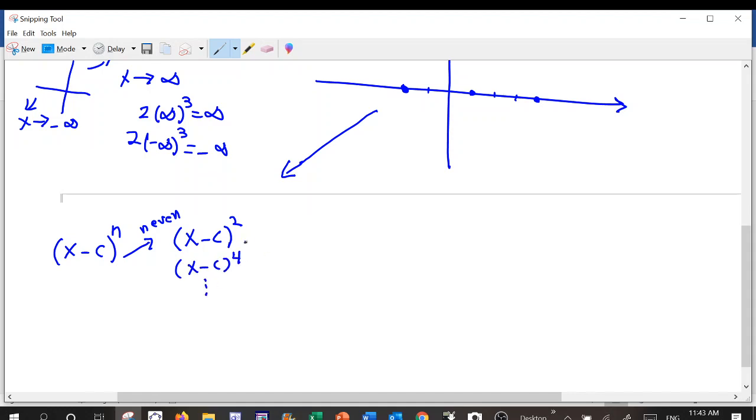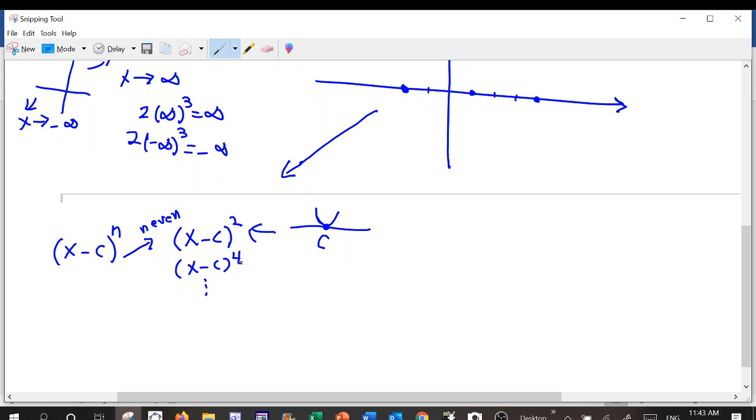If it's to the second power, then the graph at c, because the opposite of negative c is c, so c is the x-intercept. The way it behaves is that it doesn't cross at this point, it bounces back like that. If it comes from the bottom, it also bounces back down.